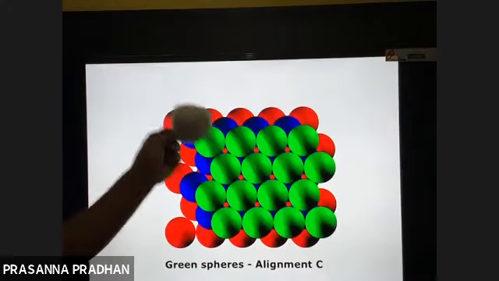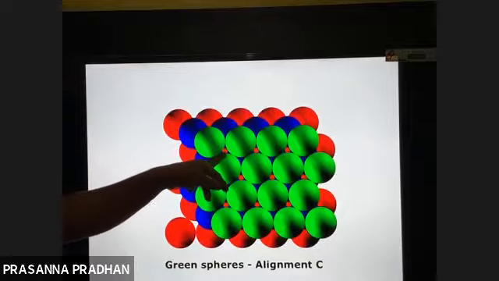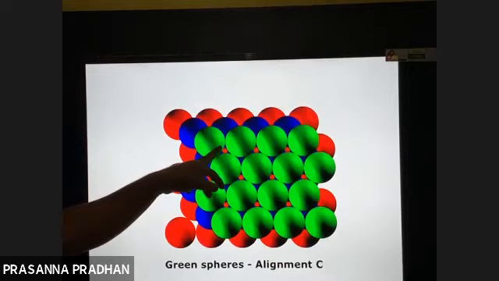The center of the fourth layer and the first layer are going to coincide. So A, B, C, and then which one repeats again? A.